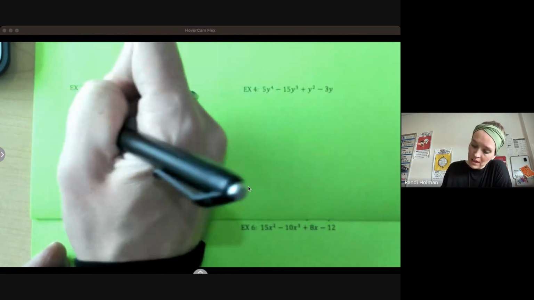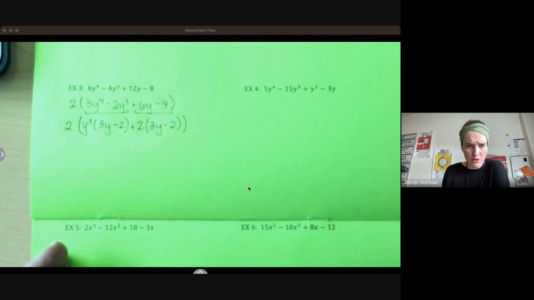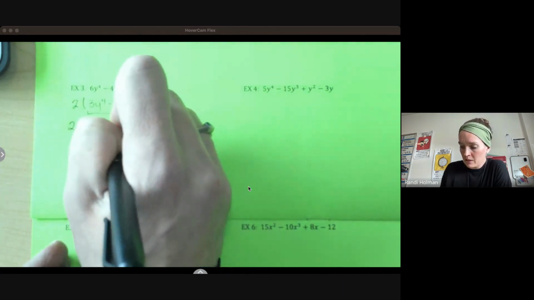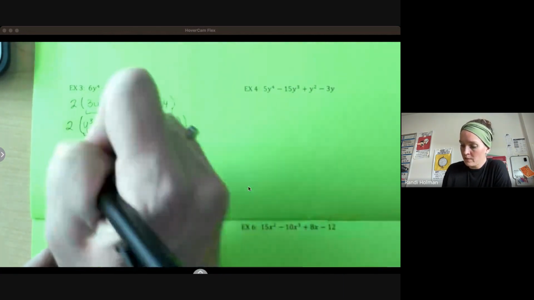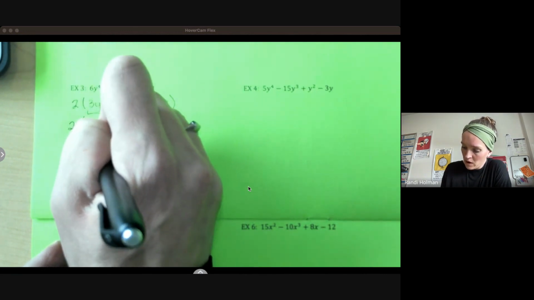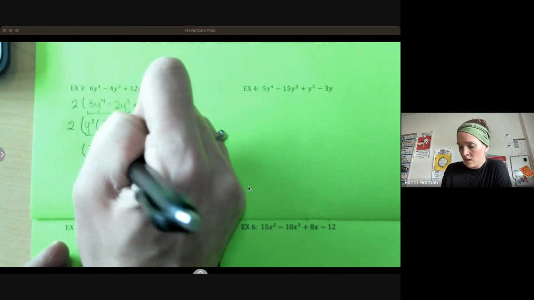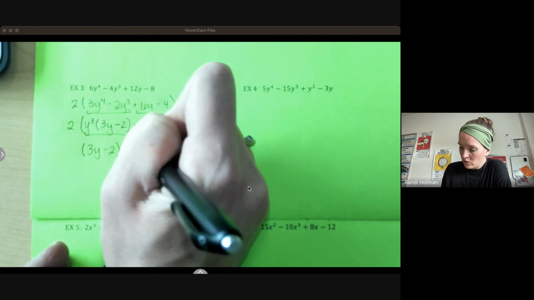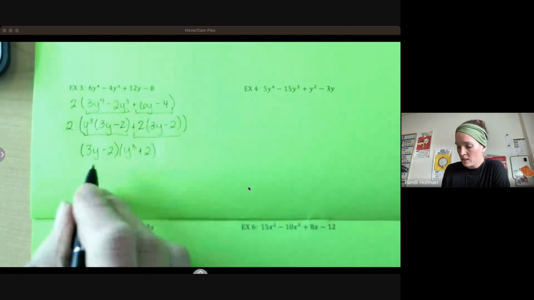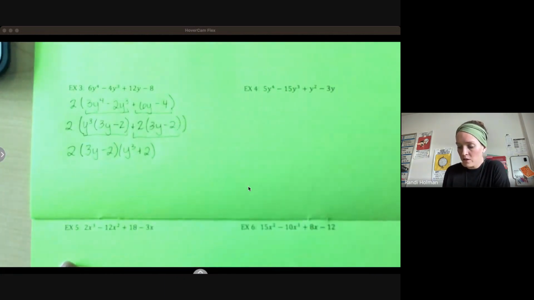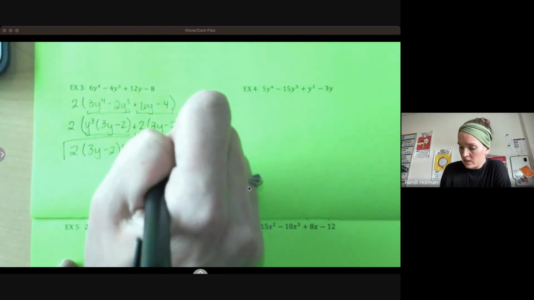This whole thing is still being multiplied by 2. Okay, now I'm looking at these two terms. They both have a 3y minus 2, and we're left with y cubed plus 2. Check to make sure if I can factor either of those further and bring that greatest common factor along with us. We're all done.